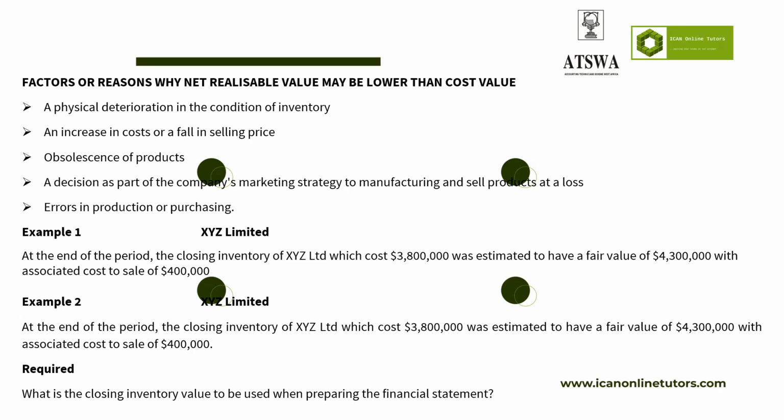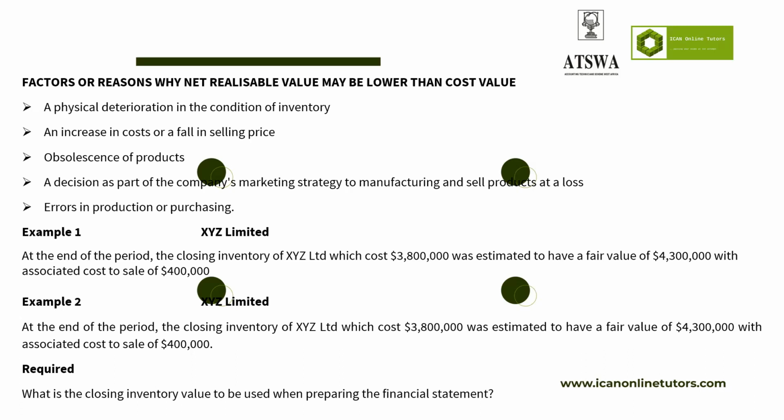Obsolescence of products. When a product is out of date, it will not command the same selling price as the product in bulk. A decision as part of the company's marketing strategy to manufacture and sell at a loss. This is a common marketing strategy in Nigeria.